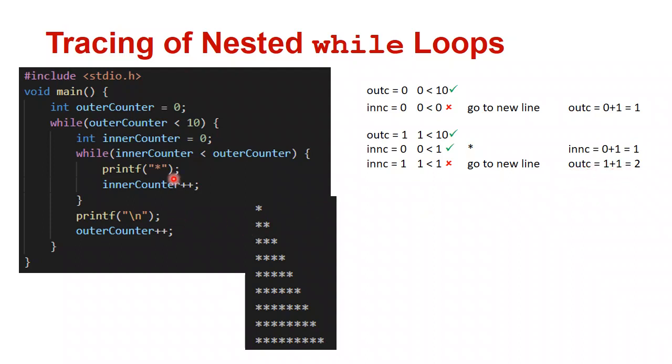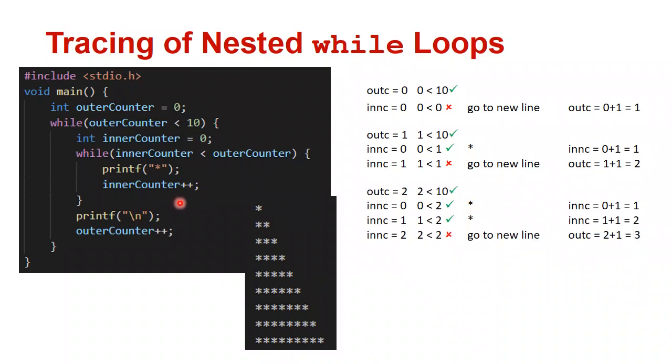So in the while loops we check the condition, go through the statement and update, and again check the condition. Only if the condition is true can we go through these things, otherwise we have to exit the loop. Now outer counter is 2, check again here, 2 is less than 10, condition satisfied.